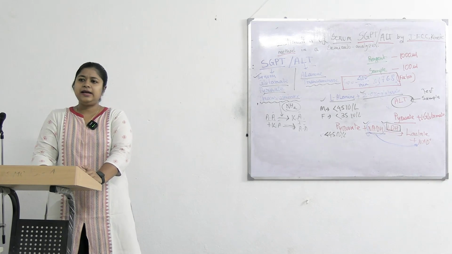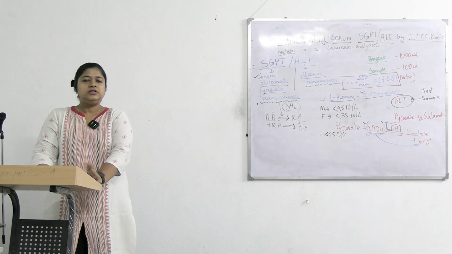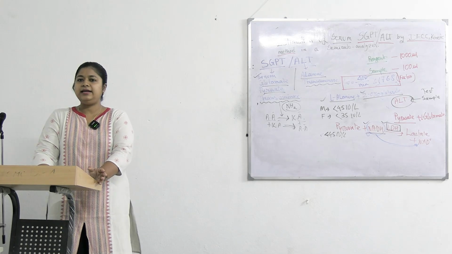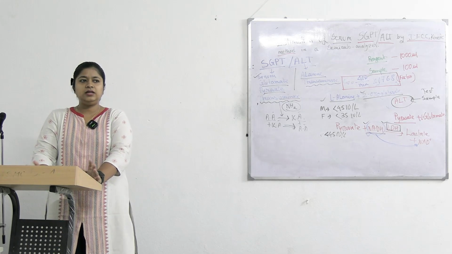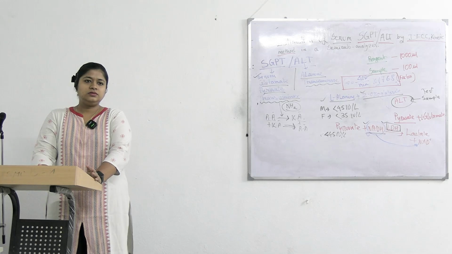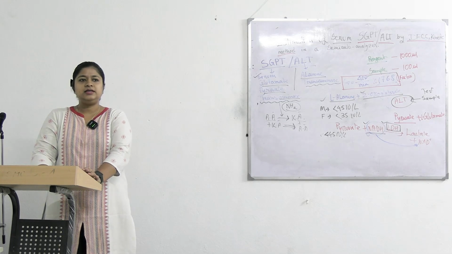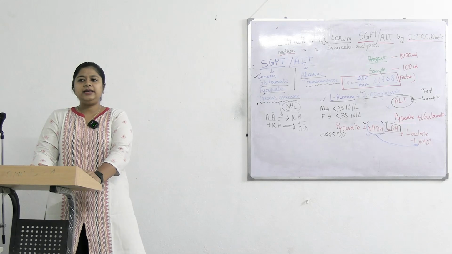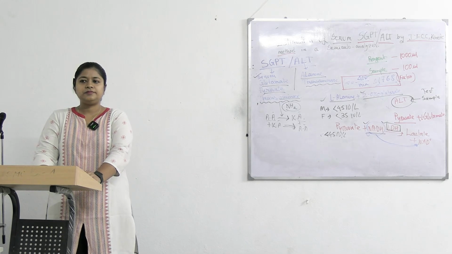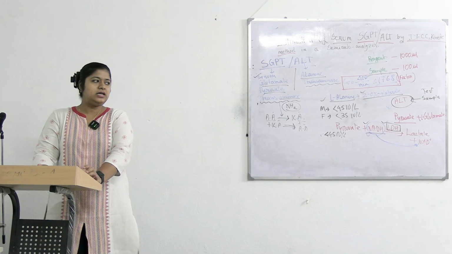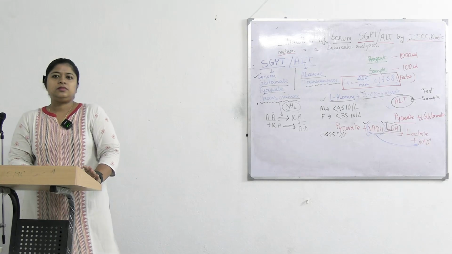Hepatic jaundice is hepatitis only. Anything else? It can. Cirrhosis, fatty liver, hepatitis, all of this comes under the disease of liver. But anything other than liver disease that can give rise to ALT? Do you know? Anything else?